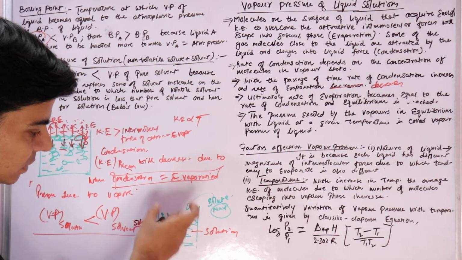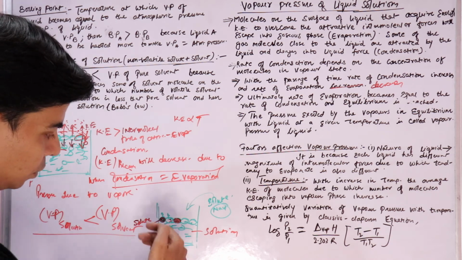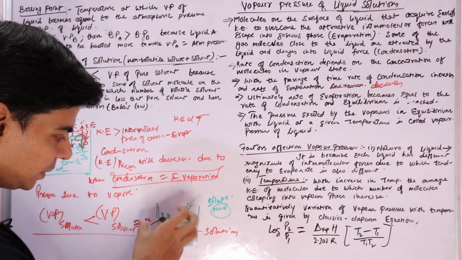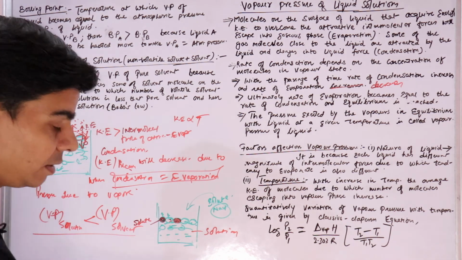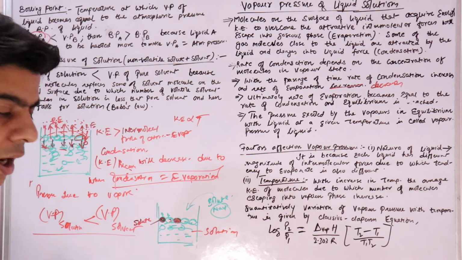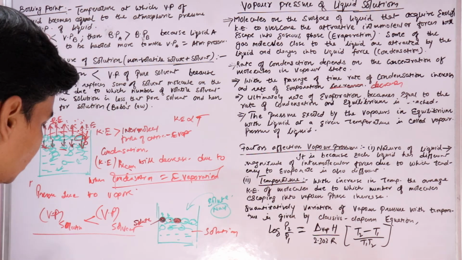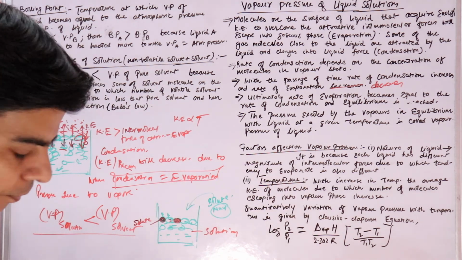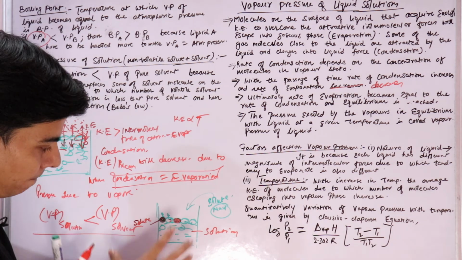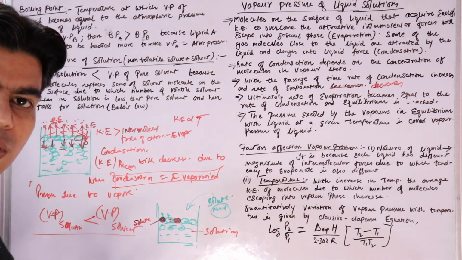Now we have fewer solvent molecules. To make its vapor pressure equal to the atmospheric pressure, we have to heat it more. We have to heat it to a higher temperature, right, so that more liquid molecules can enter into the vapor state. So here the boiling point has also increased.